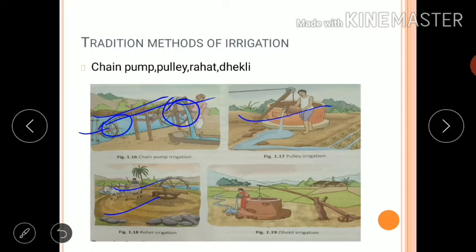Dekli is another type of irrigation system. In this method, a long pole is weighed down with a heavy stone. This acts as a lever. A bucket is attached to the longer lever arm.